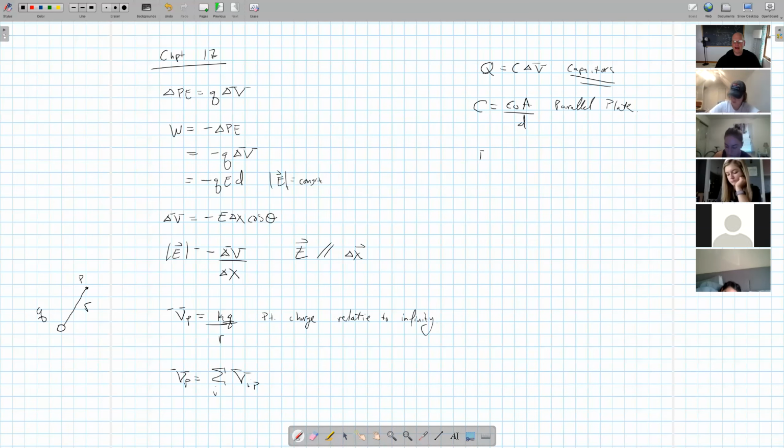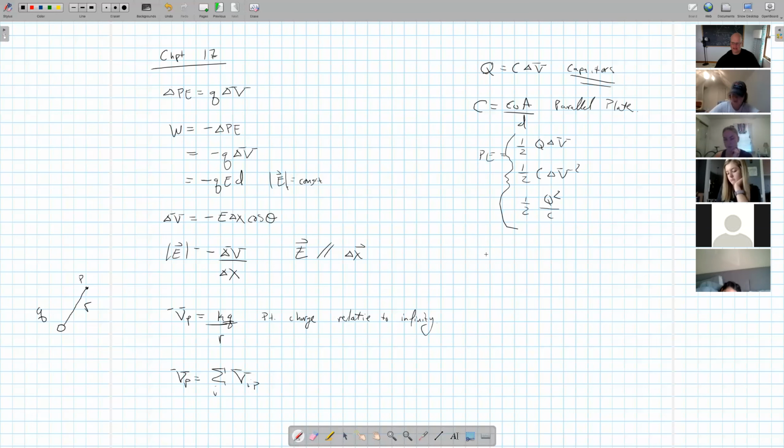We have the energy which is stored is either equal to 1/2 the charge times the potential, 1/2 the capacitance times the change of potential squared, or 1/2 the charge squared divided by the capacitance. There we go. Energy density, don't worry too much about that for the exam. I'm not going to ask you about that on the exam.